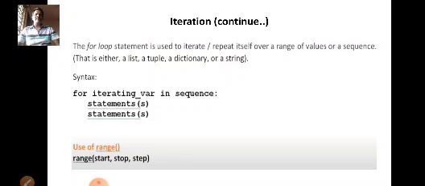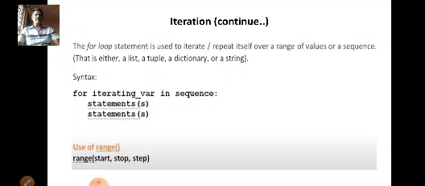The syntax of a for loop is: iterating variable, which is the loop control variable, in sequence. If that is satisfied, then statement 1, statement 2, with indentation of 4 spaces forward.